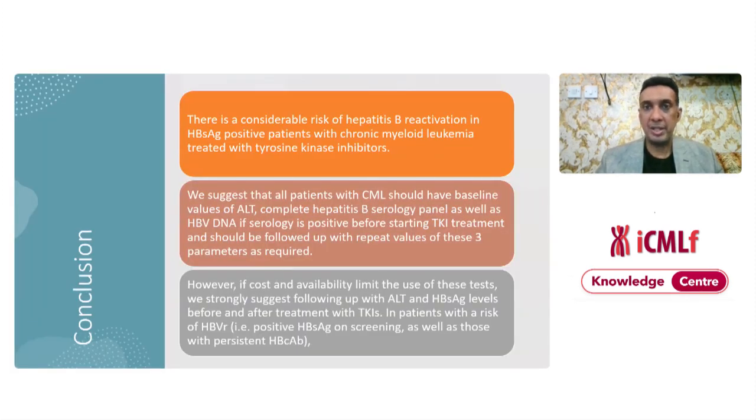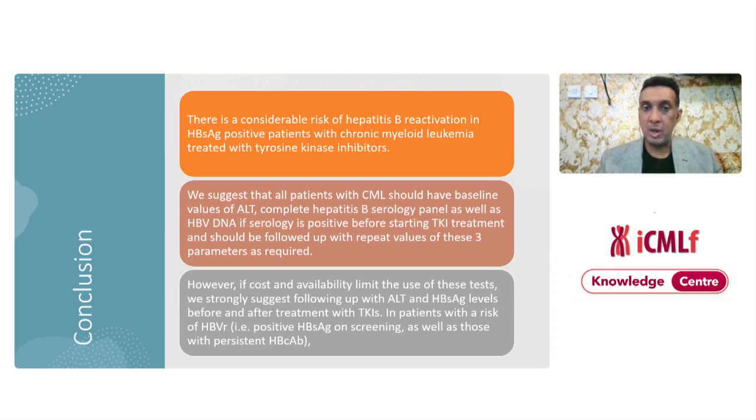There is a considerable risk of hepatitis B reactivation in hepatitis B surface antigen positive patients with chronic myeloid leukemia treated with tyrosine kinase inhibitors. That's why, as a conclusion, we suggest that all patients with CML should have baseline values of ALT, a complete hepatitis B serology panel, as well as hepatitis B virus DNA if serology is positive, before starting tyrosine kinase treatment, and should be followed up with repeated values of these 3 parameters as required.